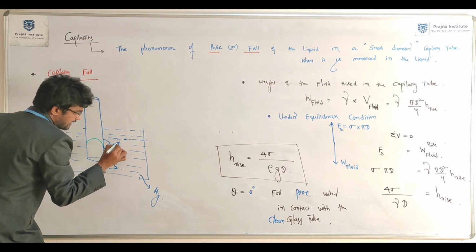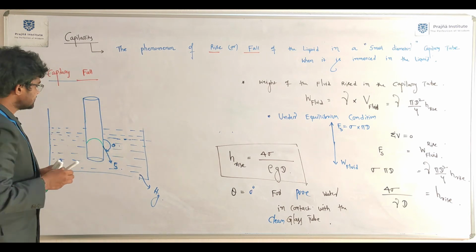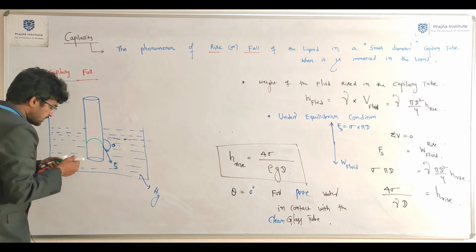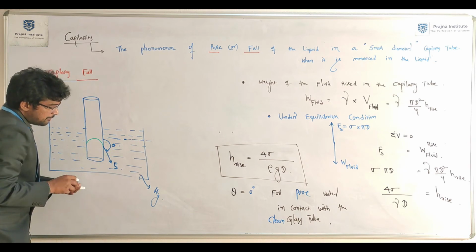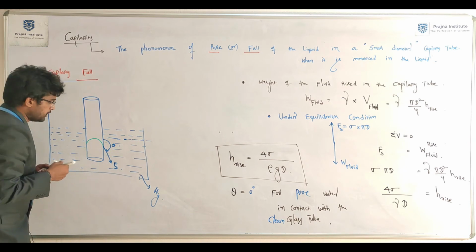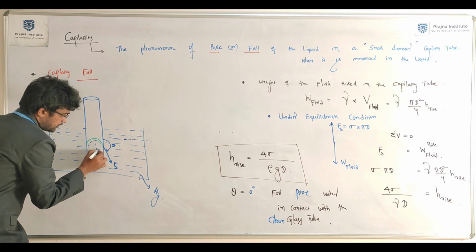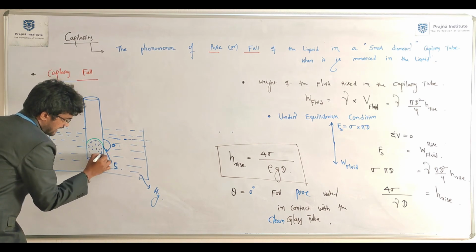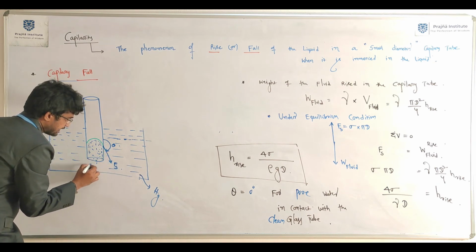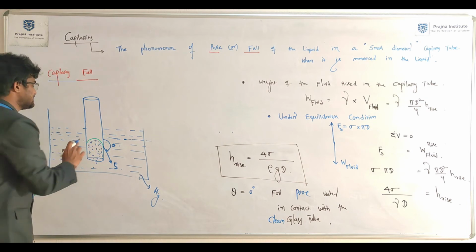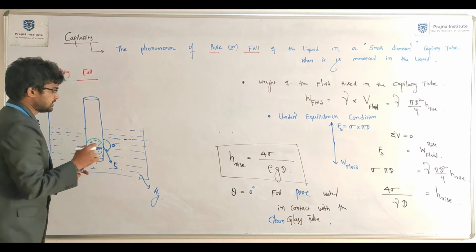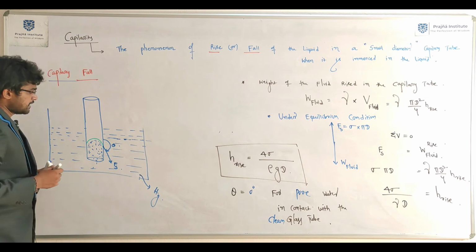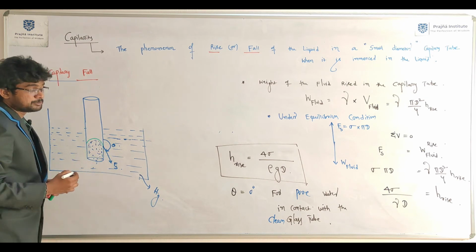Here theta is an obtuse angle. We already know that mercury is a non-wetting fluid. For a non-wetting fluid the angle of contact is obtuse. So here it is convex shape, convexity.